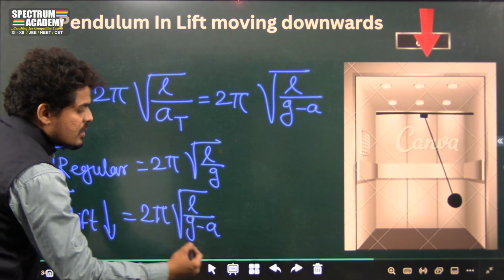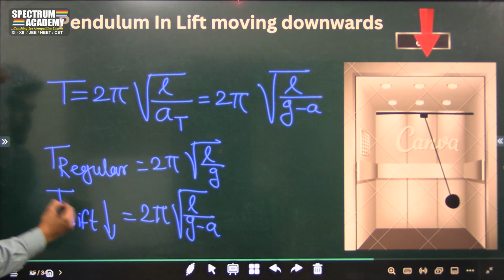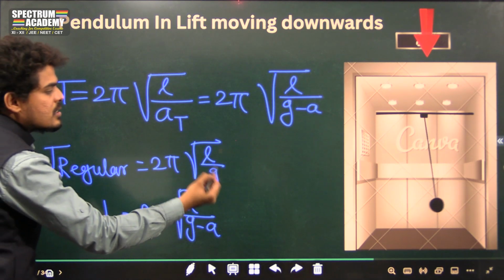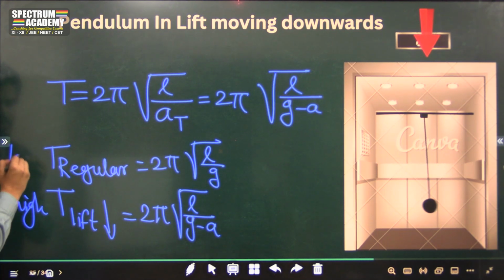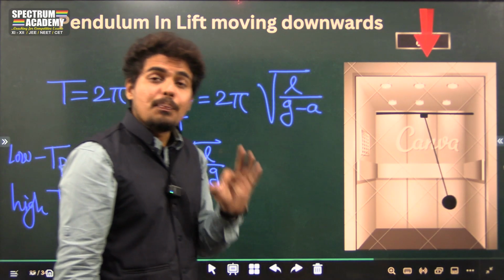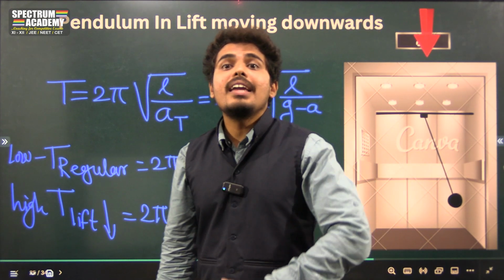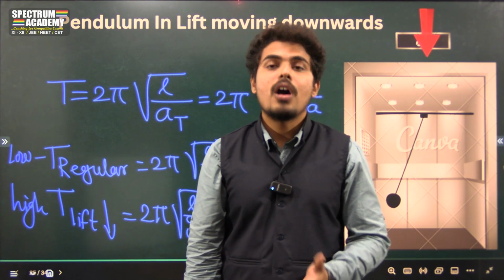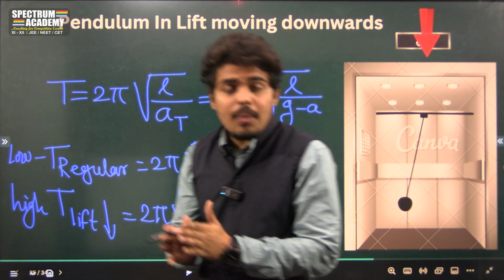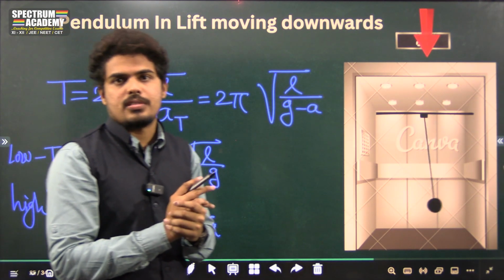Now, this is reducing the denominator. So T in the lift moving downwards is high, and this is g, so here the period is low with respect to this period. So we can see that the period of simple pendulum increases if the simple pendulum is in the lift and the lift is moving downwards.